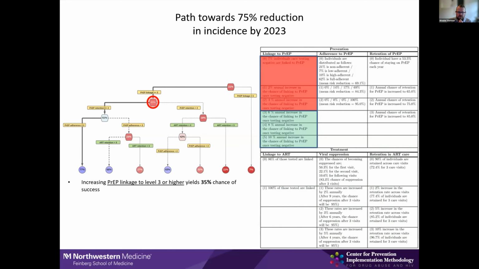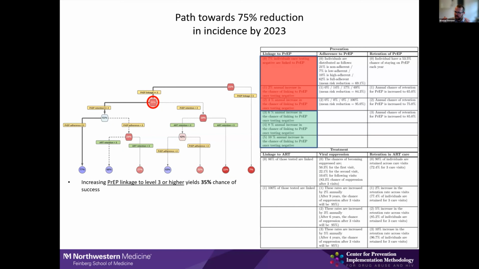For example, this top element represents which percentage of the individual intervention scenarios, so combinations of interventions, will be effective in the goal, and in this case, the goal is 75% reduction by 2023. The top is the complete set of interventions.